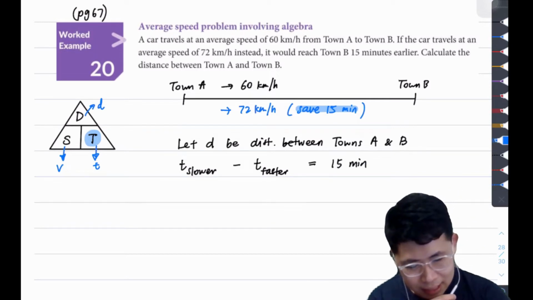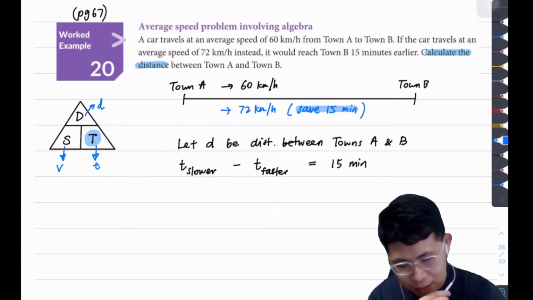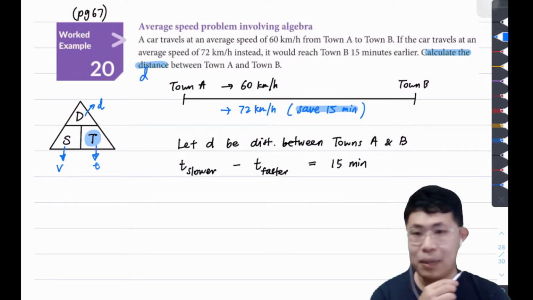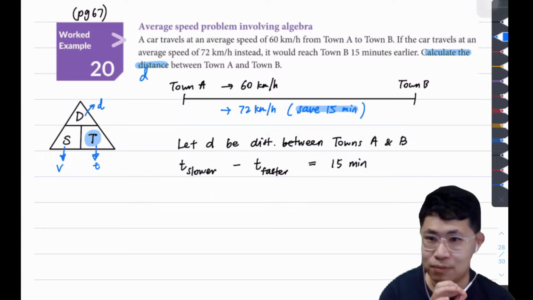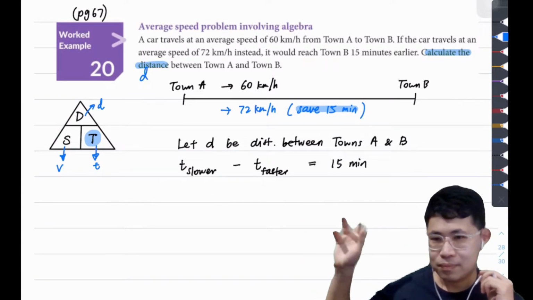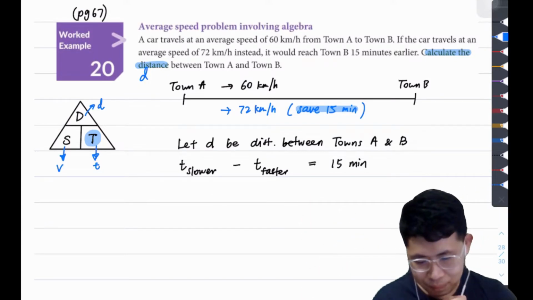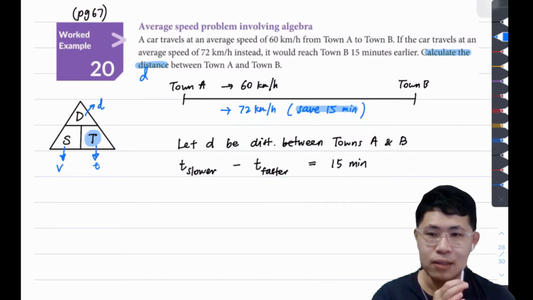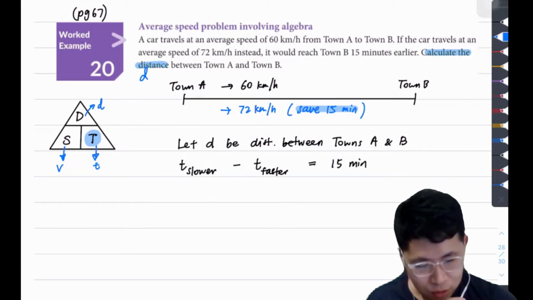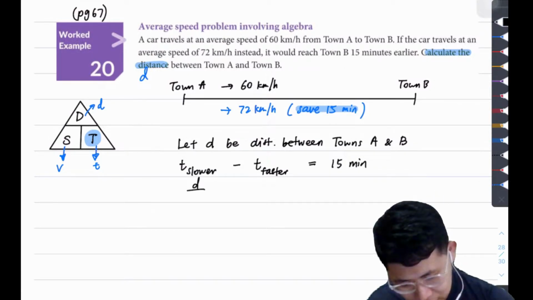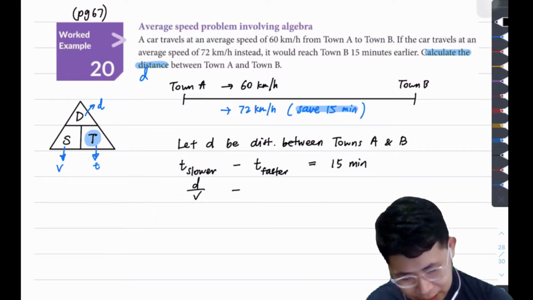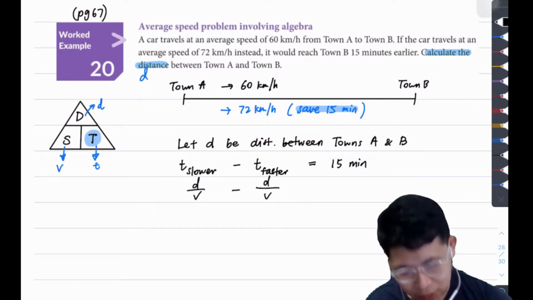In the question we need to calculate the distance, so we make d the variable to solve. If you look at the speed-time triangle, time is equal to distance over speed. So we need distance over speed for the first journey, and distance over speed for the second journey.